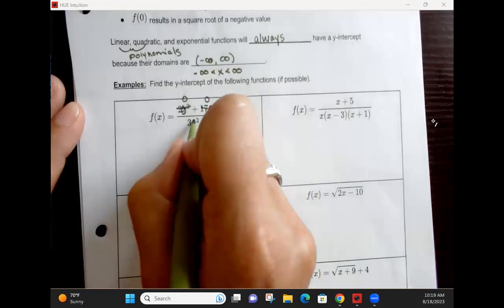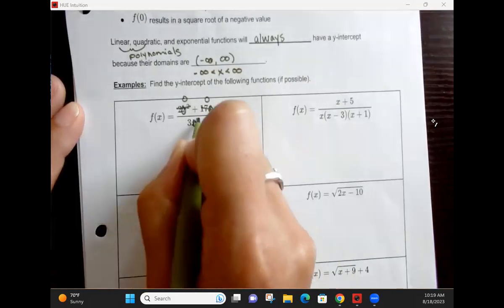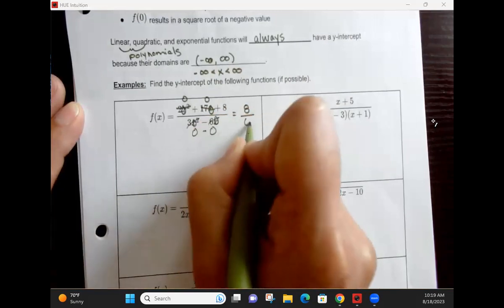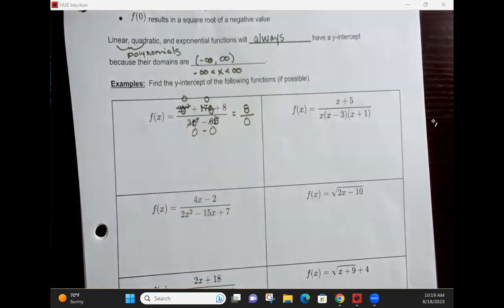On the bottom, I would get 0 minus 0, which is 0. What do we say about dividing by 0? If 0's on the bottom, undefined, right? That's bad news bears. We don't like that.